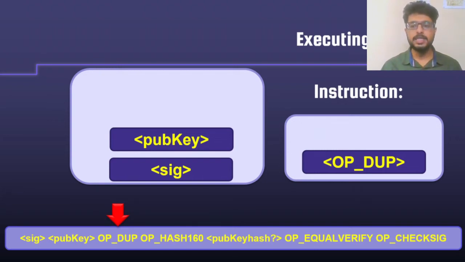So this is the scriptPubKey component of the script. Now we are going to start to actually manipulate some of those values on the stack. So this duplicate instruction, OP_DUP, says to simply take the value that's on the top of the stack, pop it off, and write two copies back onto the stack. So we are just going to duplicate that public key.